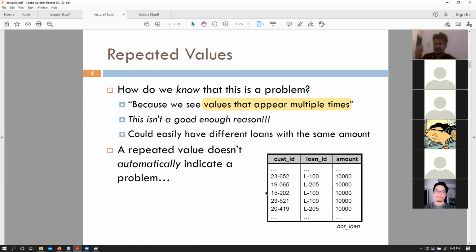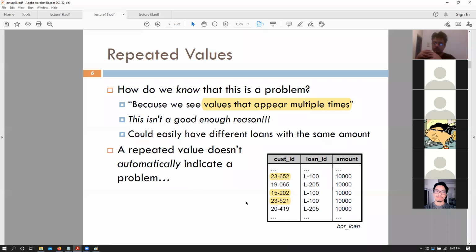So let me give you guys an example. Let's say that the user 15202 pays off, let's say, $500 towards the loan amount, right? 15202, 23652, let me highlight it. 15202, 23652, and 23521.